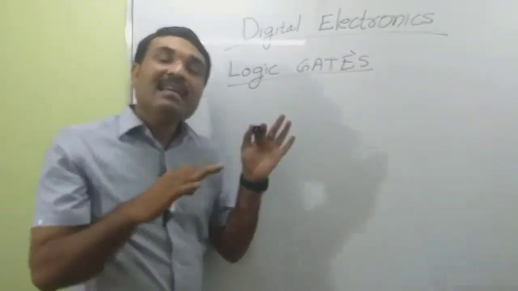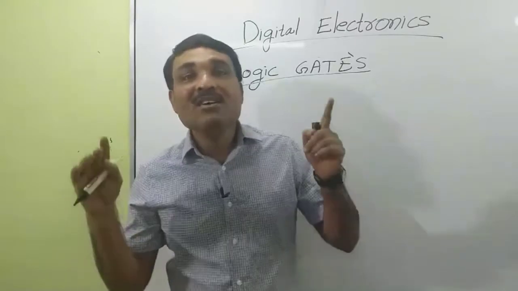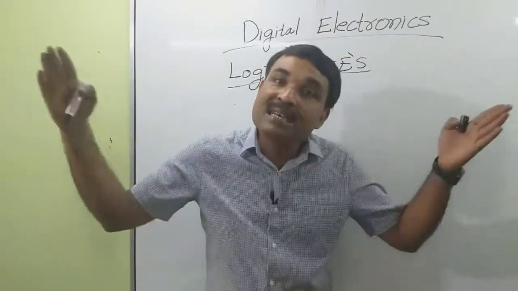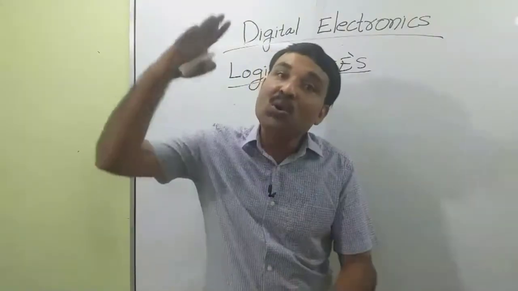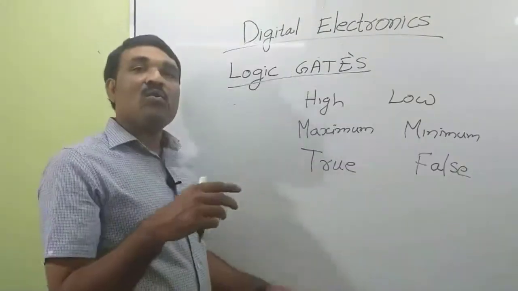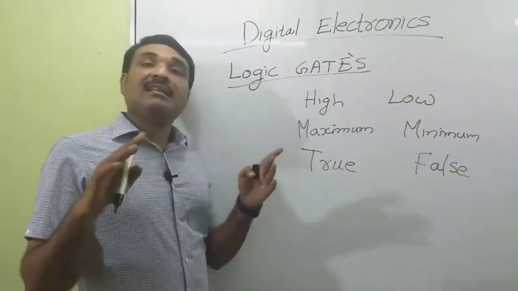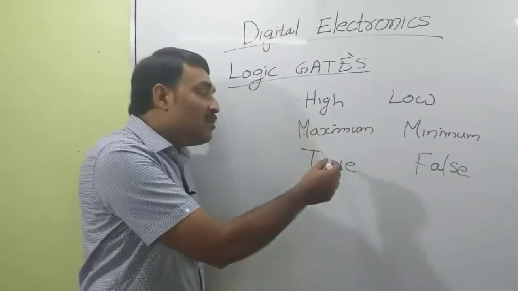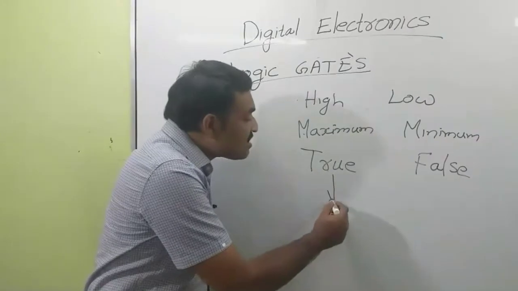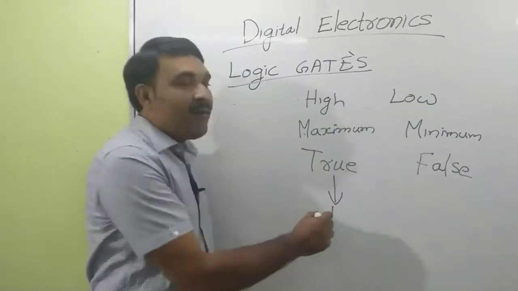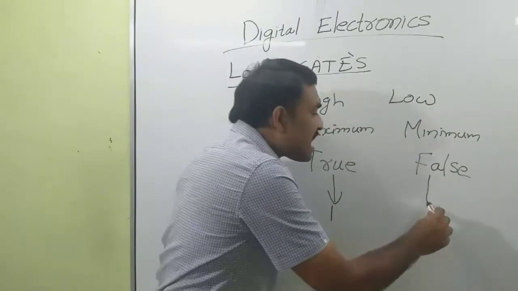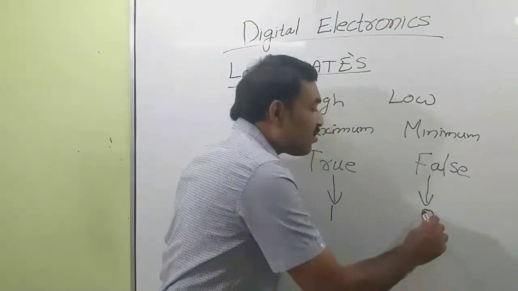Logic gates. They are used to perform logic operations such as high or low, maximum or minimum, true or false. So we have two logic levels, that is 1 and 0. High, maximum, true, etc. stand for logic 1, and low, minimum or false stand for logic 0.